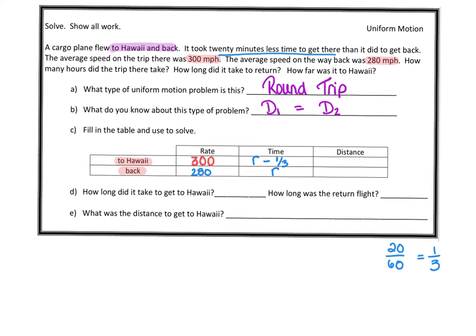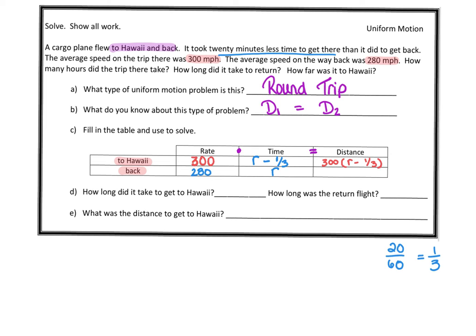Why do you think I would not want you to use a decimal here? So I have the basics of my chart set up. Just like every other chart, my rate multiplied by my time equals my distance. So then what is the distance of the way to Hawaii? Well, I'm going to say my rate, 300, times my time, r minus 1/3.